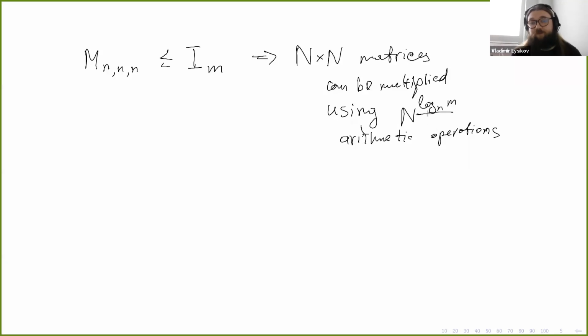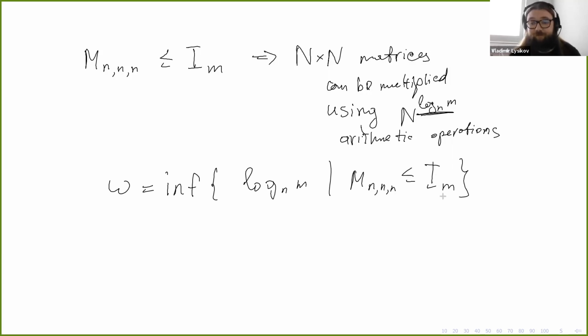And the optimal number that we can put here is called the exponent of matrix multiplication. So omega we can define as an infimum of log m base n, such that the matrix multiplication tensor of size n is a restriction of the diagonal tensor M. And this is essentially how we use tensor language in matrix multiplication algorithms.